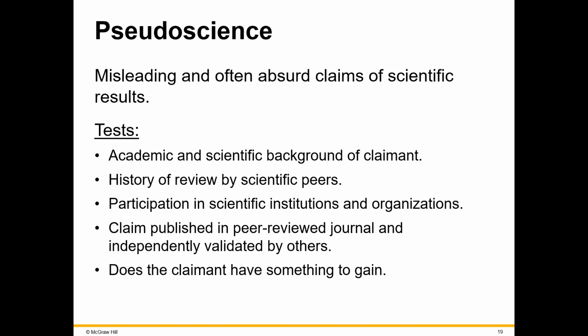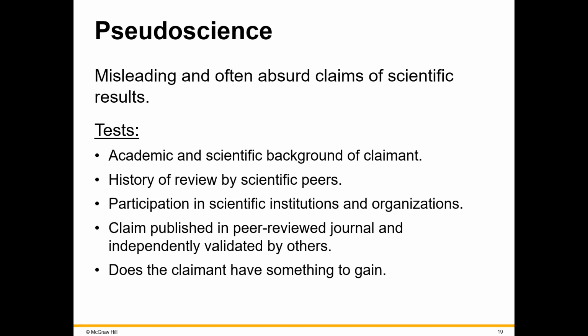One of the ways that you can test it involves looking at a series of these 5 different steps. You need to ask yourself, does the person making the claim have an academic and scientific background? In other words, has this person just been living in his parents' basement, or has he been at the National Academy of Sciences for the last 20 years doing research on this topic?